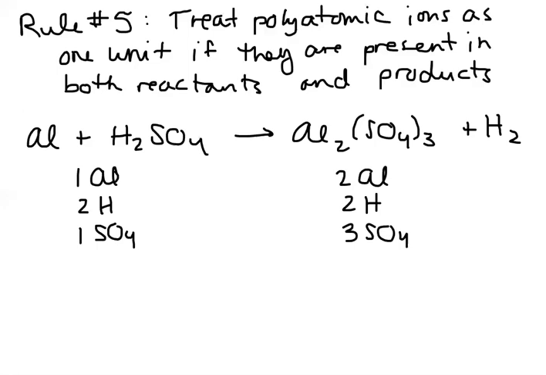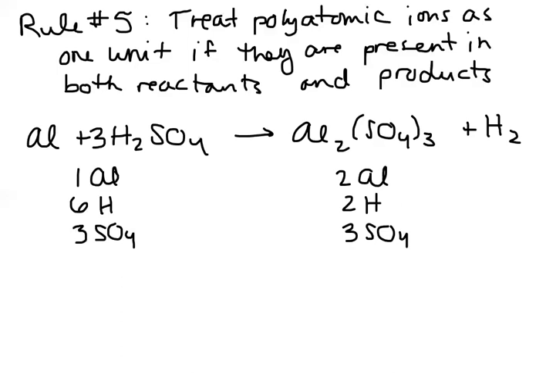So we are gonna put a 3 here. Because we have 3 SO4 on that side, we have 1 on this side, we need to multiply that by 3. So that's going to change our SO4s and our H's. We now have 6 H's and 3 SO4s. So SO4's happy. Now let's go to the lone elements.